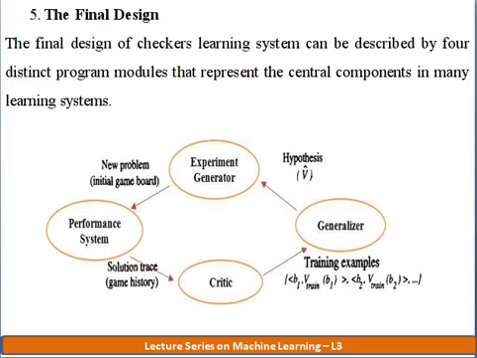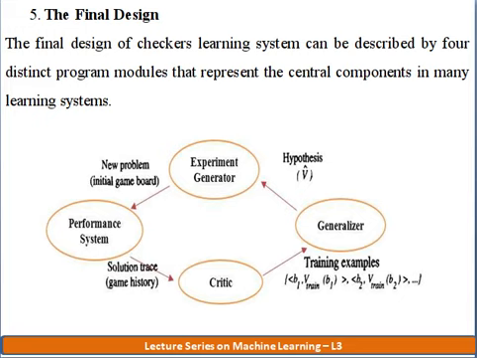Next, the next module is the generalizer. The generalizer takes as input the training examples and produces an output hypothesis, that is its estimate of the target function. It generalizes from the specific training examples, hypothesizing a general function that covers these examples and other cases beyond the training examples.